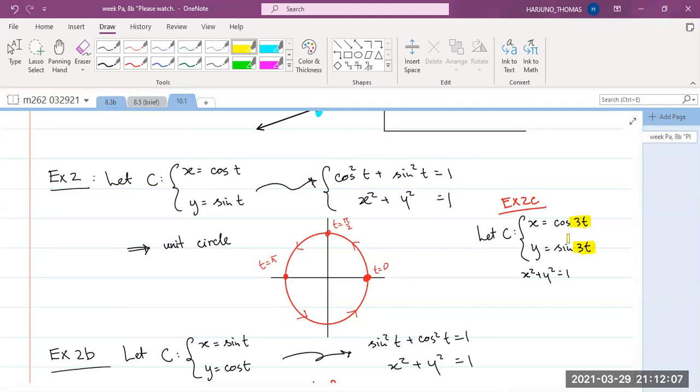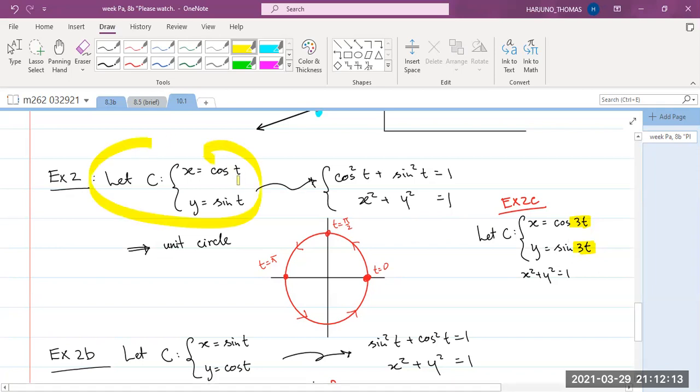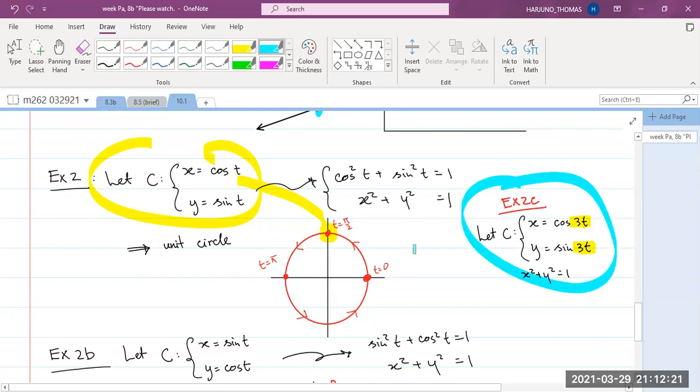When t is pi over 2 for example 2, the position is here. But when t equals pi over 2 for example 2c, the position is here. Basically, that coefficient makes the point move 3 times faster.